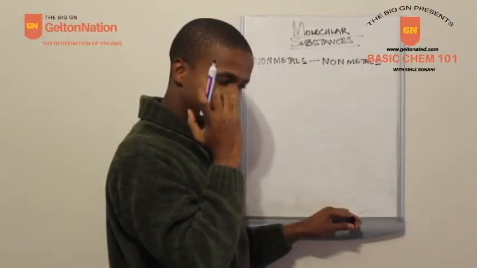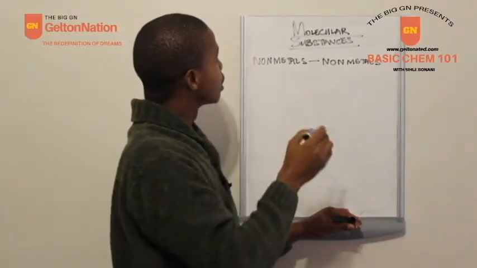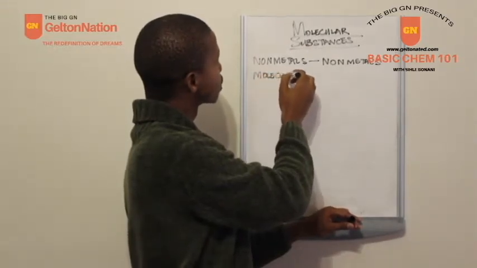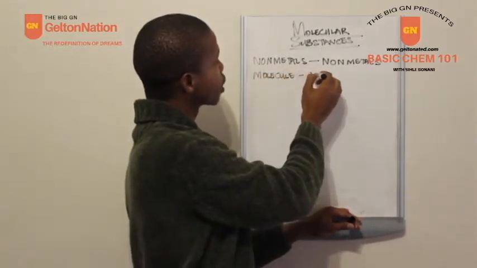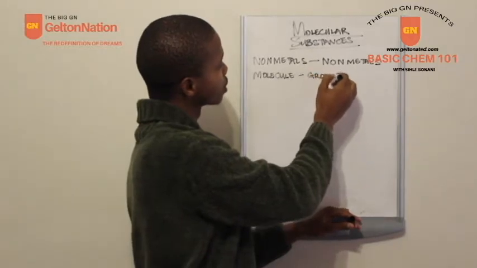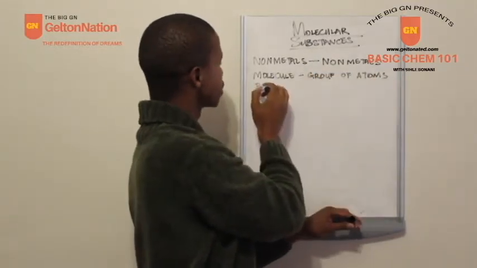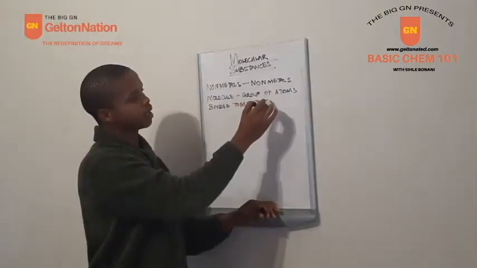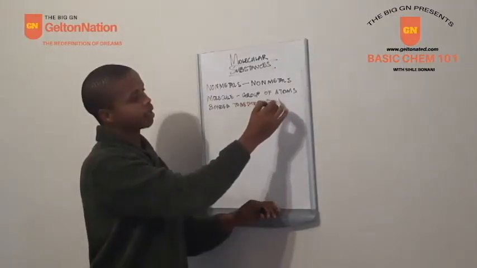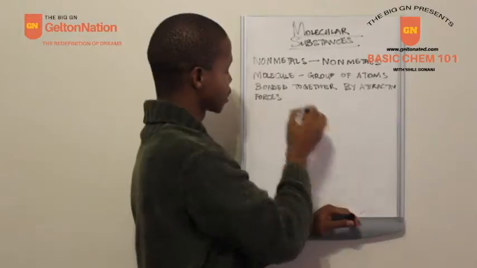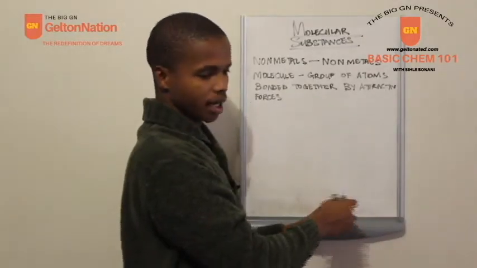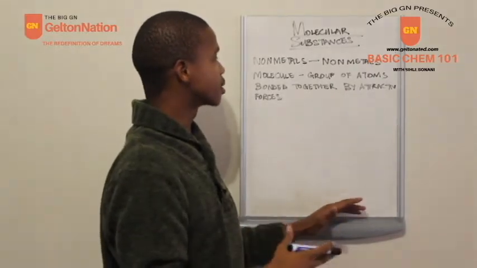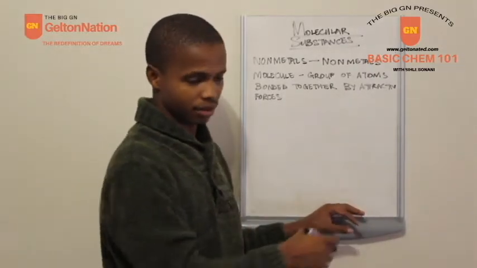And your molecule would be a group of atoms bonded together by attractive forces. So those are your molecular substances, a group of atoms bonded together by attractive forces.